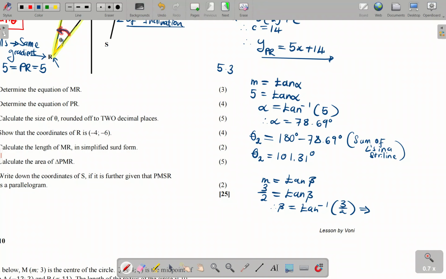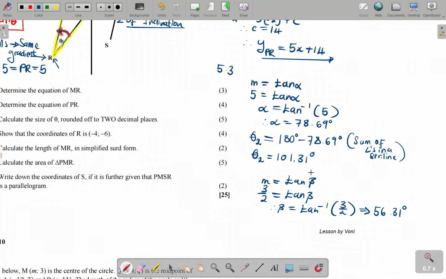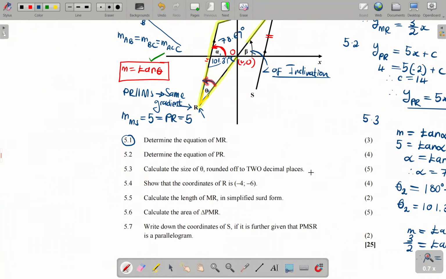So let me see what answer I have there. Arctangent of 3 all over 2 is 56.31 degrees. So now look, we have this angle. Now we can go back there and place it there.